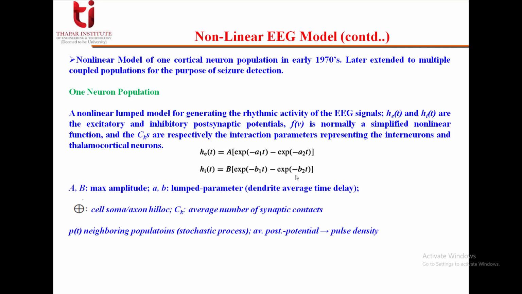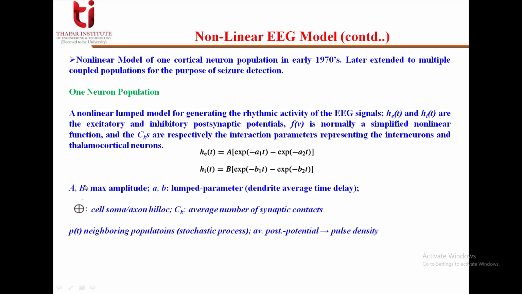This is a nonlinear lumped model for generating the rhythmic activity of the EEG signals. In this we have two functions that represent the excitatory and inhibitory postsynaptic potentials, that is h_e(t) and h_i(t), and we have a nonlinear function f(v), and the C_k are respectively the interaction parameters representing the interneurons and thalamocortical neurons. These are the expressions of the postsynaptic potential functions.